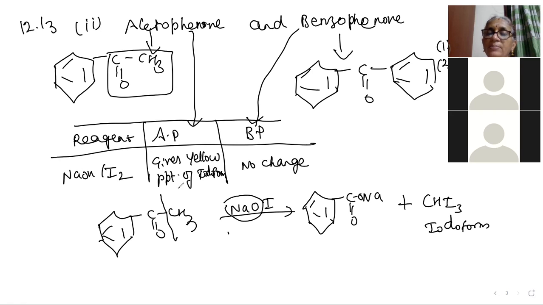So always remember, in the methyl ketones, the CH3 part gets converted into iodoform, and the remaining part, apart from the CH3, whatever you have, should be connected to ONa. So we'll get the sodium salt of the corresponding carboxylic acid. Clear? Copy this down fast.